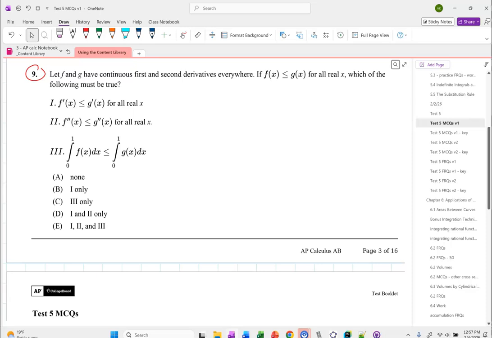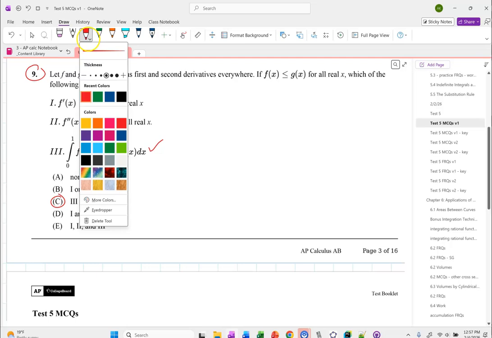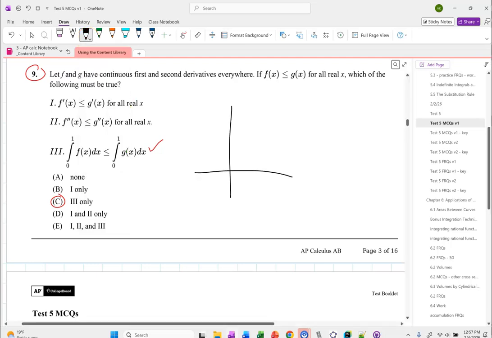What was that? C is correct. Should have been real obvious that this is true. That's a property. If you weren't sure about that, think about it as a picture.